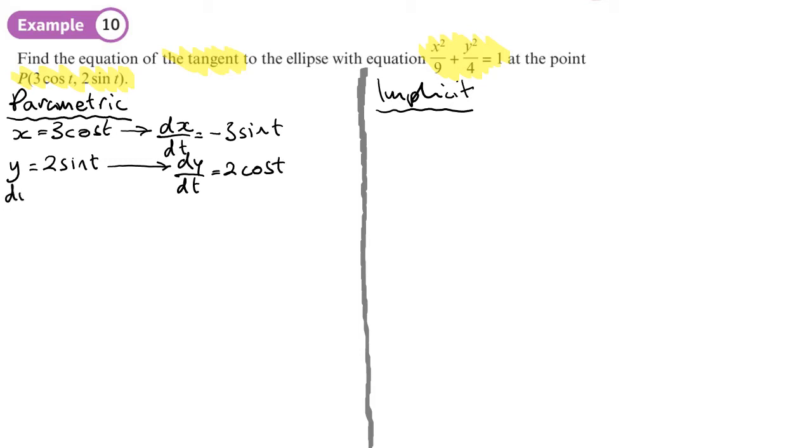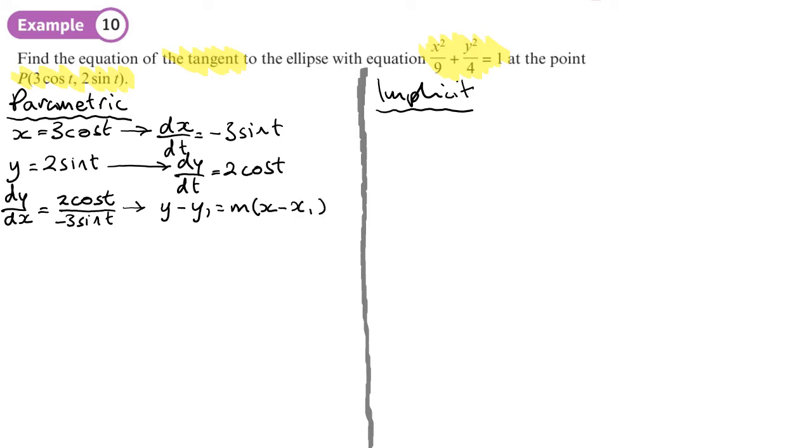So dy dx is dy dt, so 2 cos t, over dx dt, which is minus 3 sine t. Okay, so we've now got our m, and we'll use y minus y1 equals m times x minus x1.